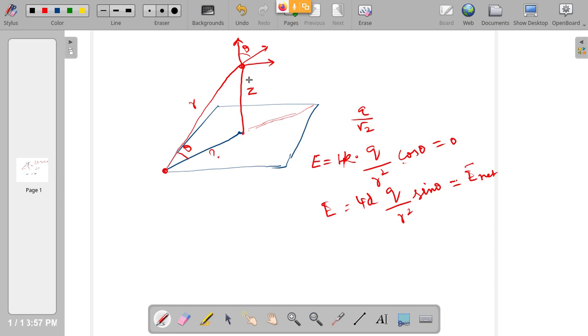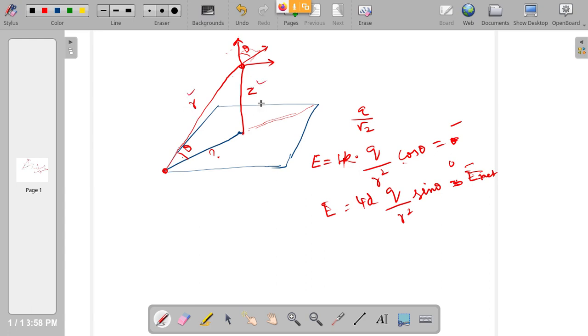Which component will cancel, which will be there? If this is theta, you can assume that this has theta or this has theta, it's up to you. So cos theta will survive, sin theta components will cancel, right? Because this is with the vector. The side that is with the vector, the angle with the vector is the sin theta, cos theta component. So if cos theta is valid, sin theta is going to cancel. All the sin thetas will add to 0. So now you calculate and tell me, how will you get the theta? Because you know the sides now.